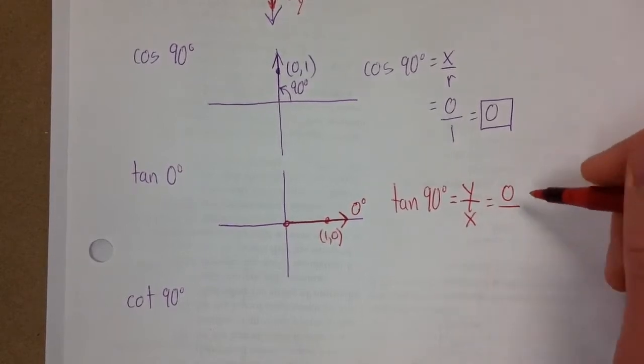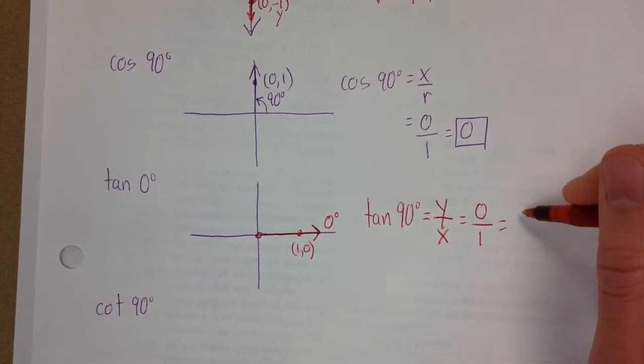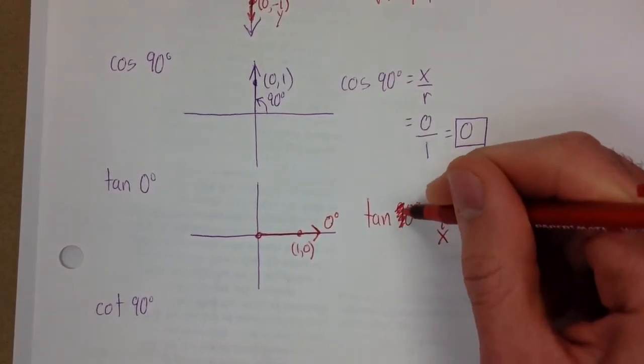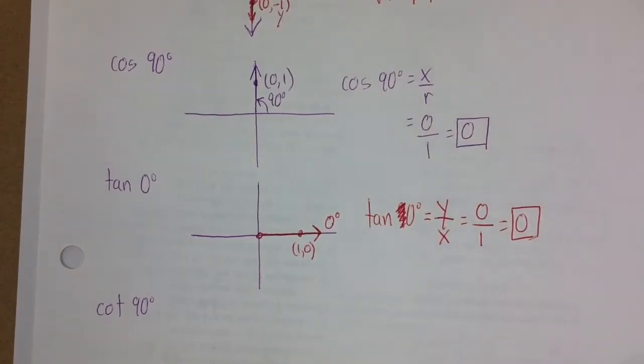Yep, because it's y over x. Good. Oops, sorry, this should be 0. Good. The tangent of 0 degrees is 0.